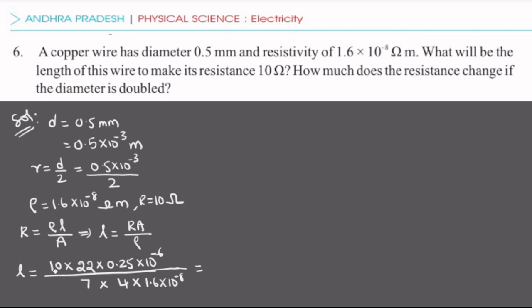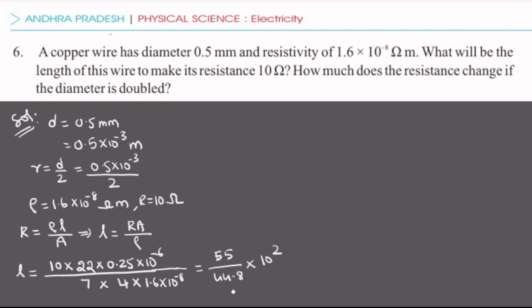In the numerator we have 10 into 22 into 0.25, and in the denominator we have 7 into 4 into 1.6. If you multiply the numerator numbers we get 55, and in the denominator we get 44.8, and this 10 power minus 8, if it goes to the numerator, we have 10 square.